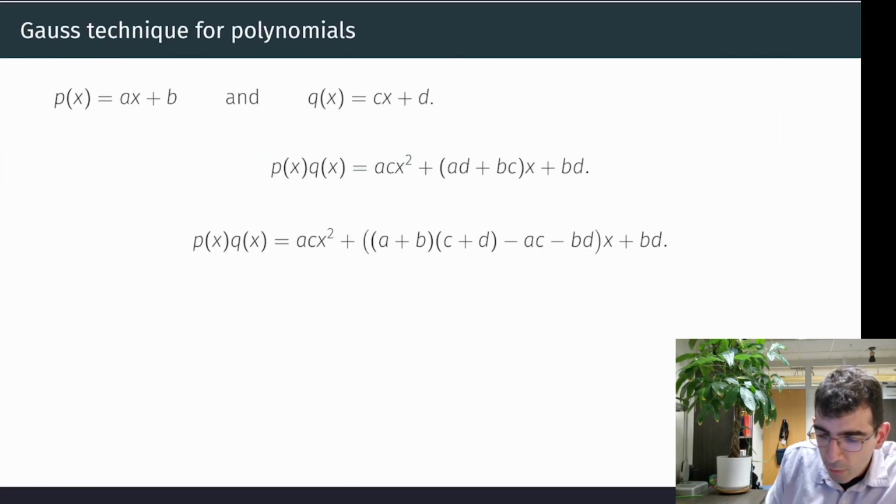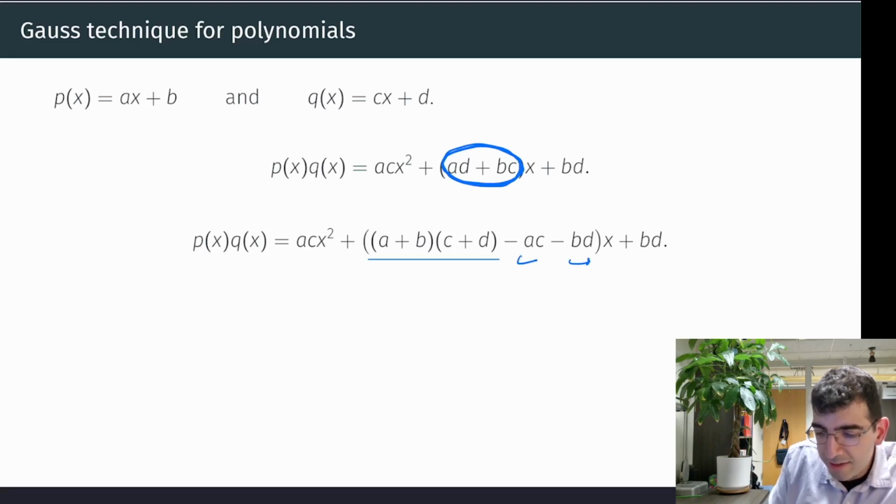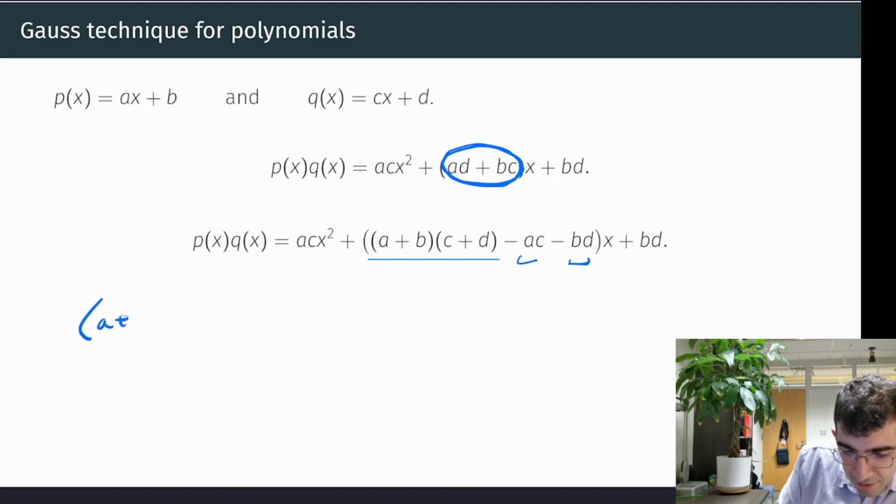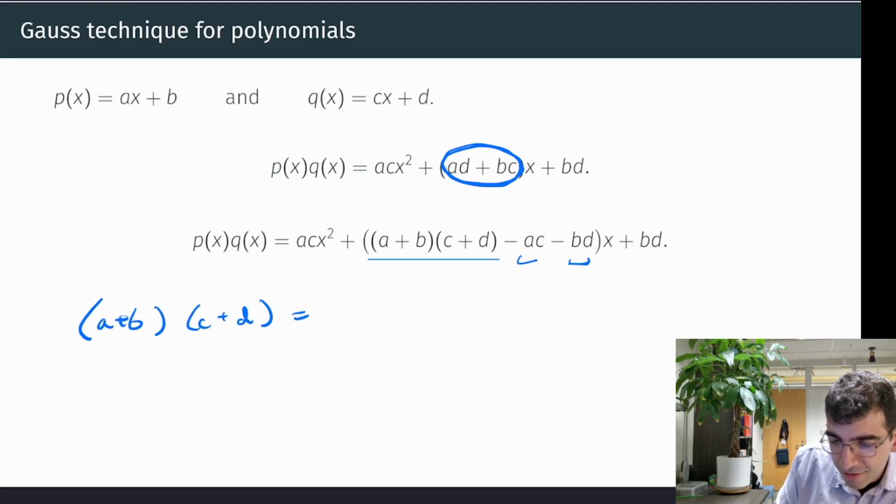But we could rewrite this term as (a + b)(c + d) - ac - bd. Because we know (a + b)(c + d) is equal to, again, just to drive the point home, ac + ad + bc + bd.